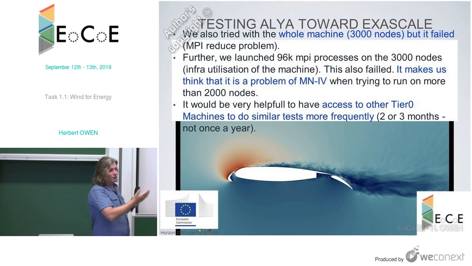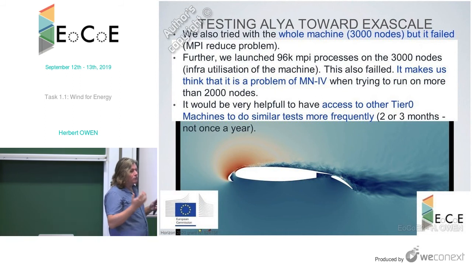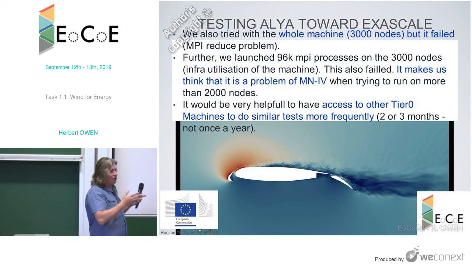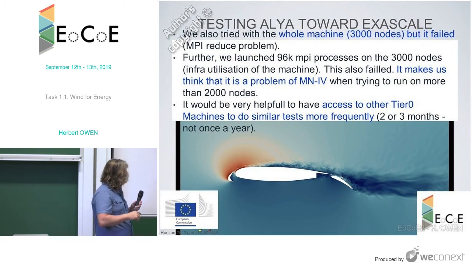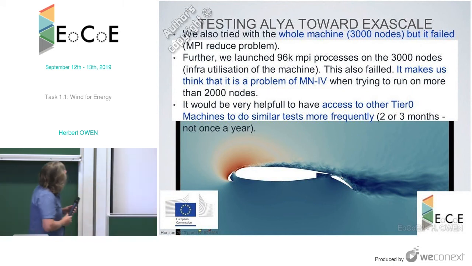We don't need to run for 24 hours, but we should be able to run for 1 or 2 hours in a whole machine, every 2-3 months. It doesn't need all of the supercomputers, but if the supercomputers were stopped at different times, one could test for 1 hour in the whole Mare Nostrum or SuperMUC or whatever.